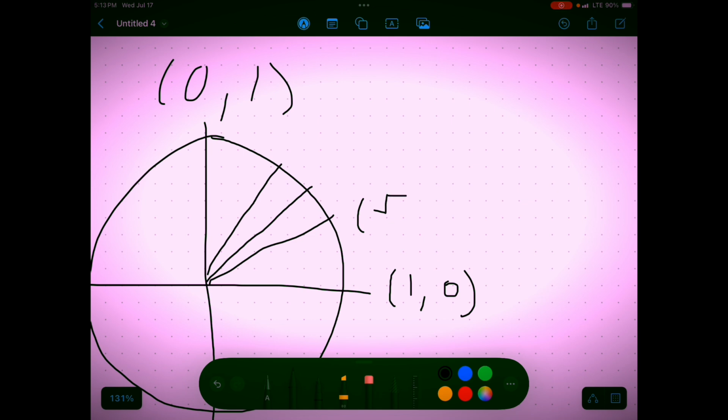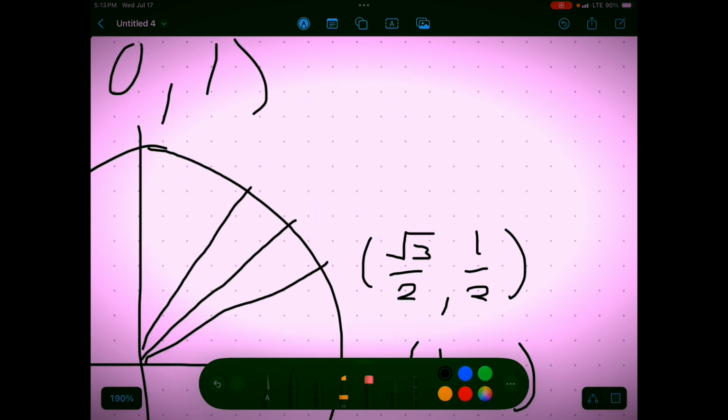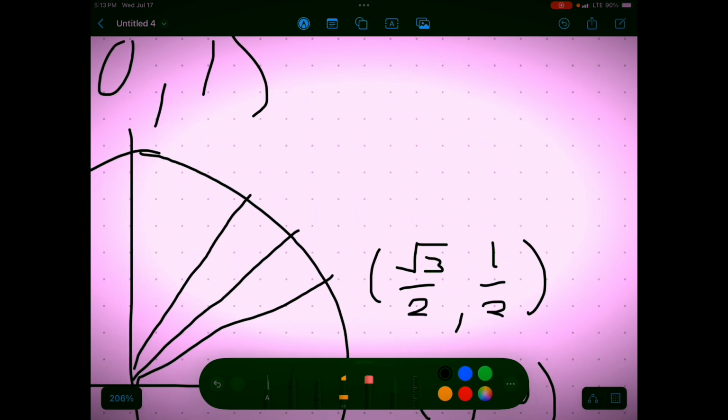Cosine of 30 degrees, or pi over 6, is radical 3 over 2, and sine is 1/2. Zoom in a little more so I can draw this a little easier. I'm actually going to jump up to 60 degrees now, because what's great about 60 is we just reverse the two. Sine and cosine basically switch places. So cosine of 60 degrees, or cosine of pi over 3, is 1/2, and the sine of that angle becomes radical 3 over 2.